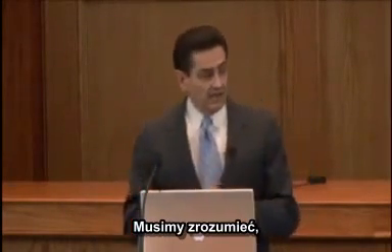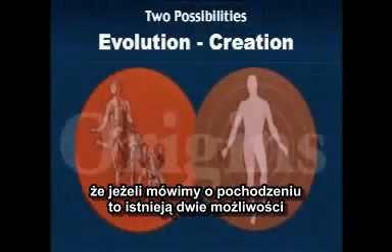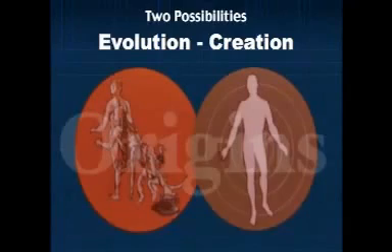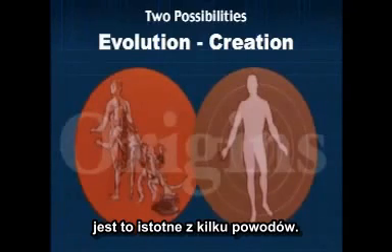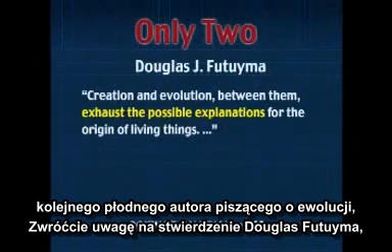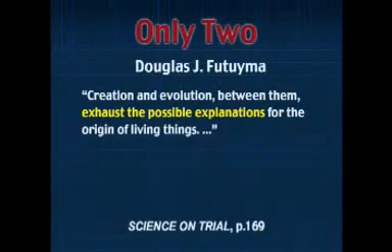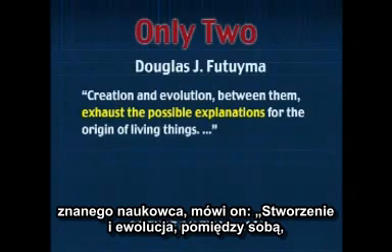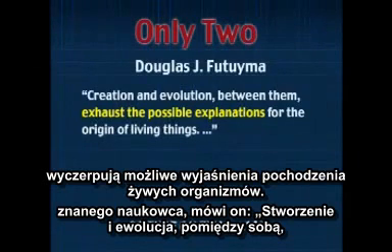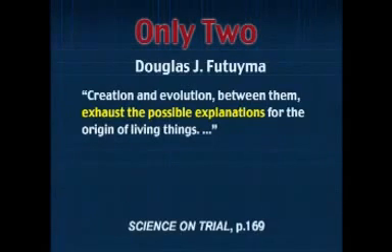We need to understand that as we're talking about origins, there are two possibilities, and only two, and that's important for several reasons. Notice the statement by Douglas Futuyma, again a very prolific writer against creation, but a well-known scientist. He says, creation and evolution between them exhaust the possible explanations for the origin of living things.